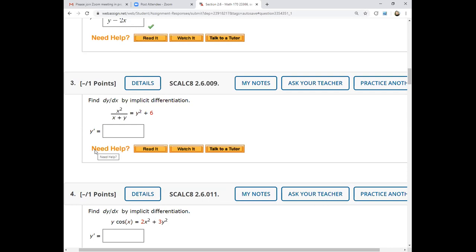If I factor on top, I would get x times the quantity x minus 2y, over x squared plus 2y times x plus y squared.